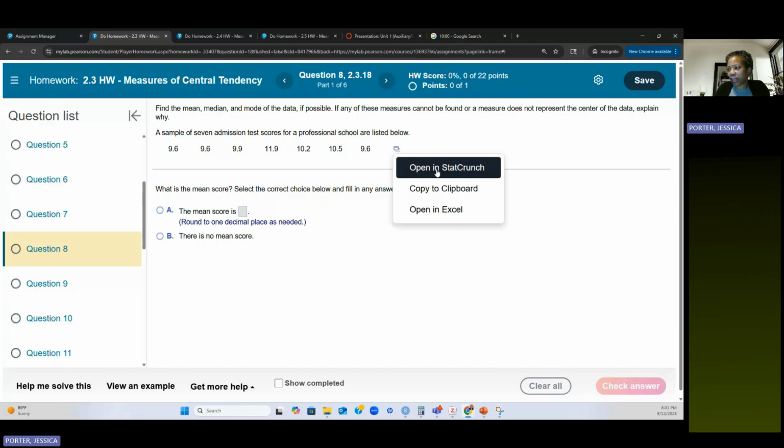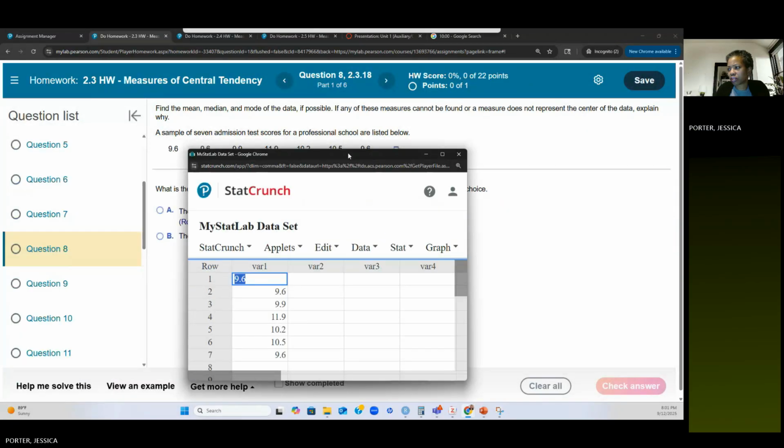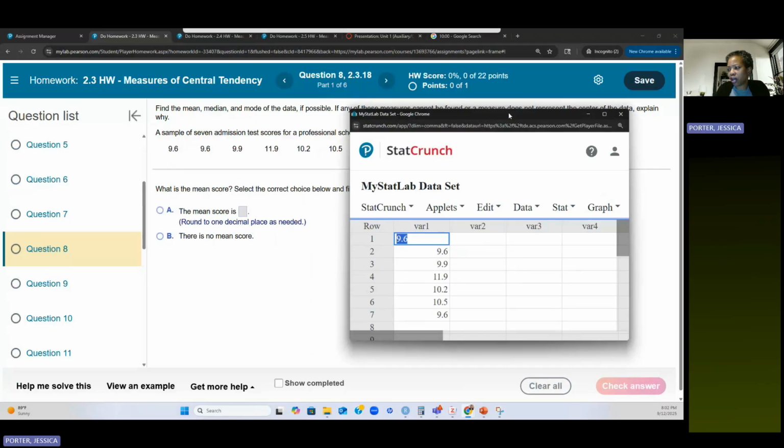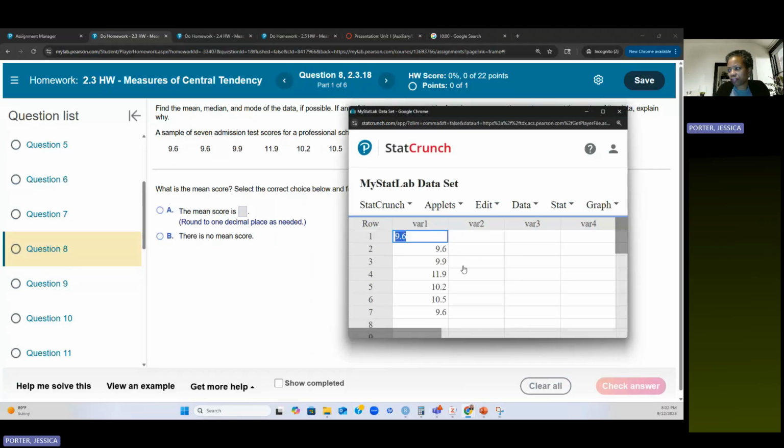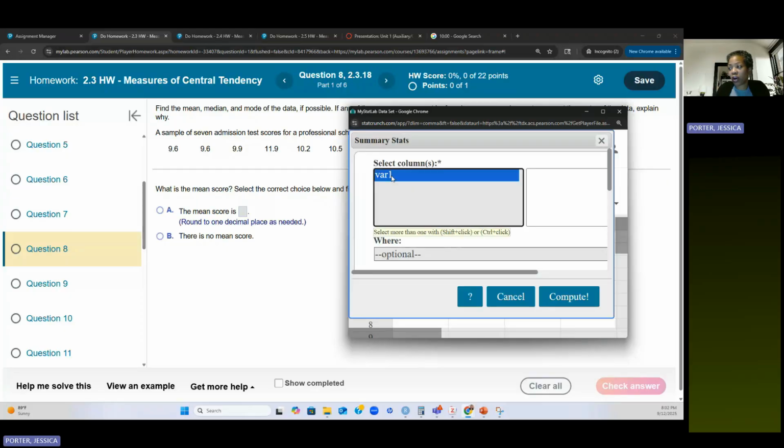I'm on question 8. I click this double window, open in StatCrunch, and it opens up the data in StatCrunch, right? Then I go stat, summary stats, columns, and var 1. var 1 is where I have all my information.